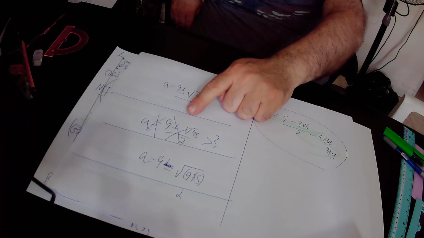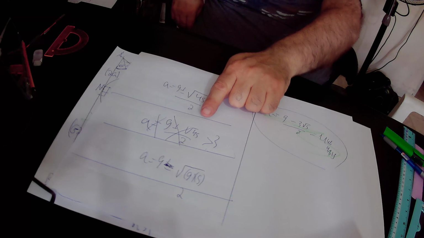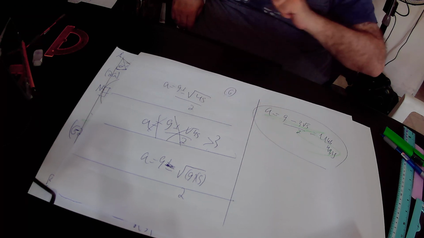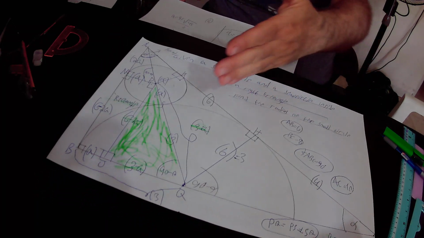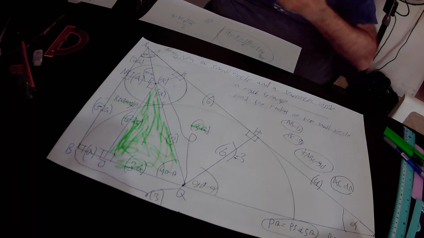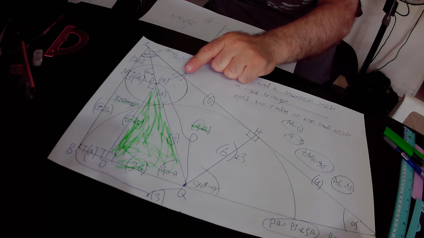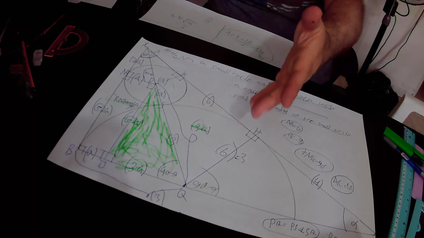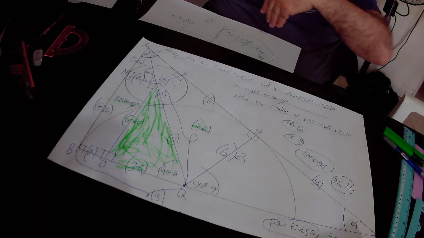But because of the fact that this expression, 9 plus the square root of 45 over 2, is definitely greater than 3, and we have already found out that the radius of the big semicircle equals 3. And from the drawing it is very easy to see that this small circle is smaller than the semicircle.